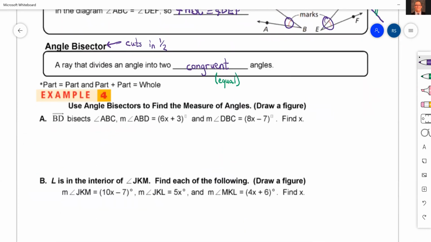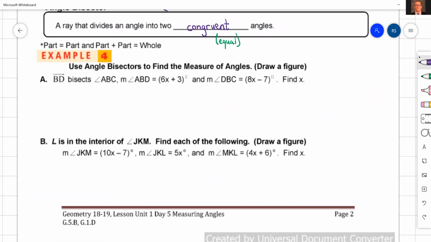So let's use that for this next example. And remember, we need to draw pictures if they don't give it to us. So it says BD bisects angle ABC.